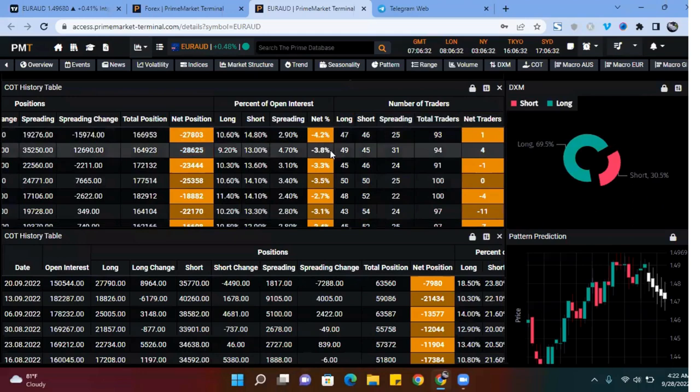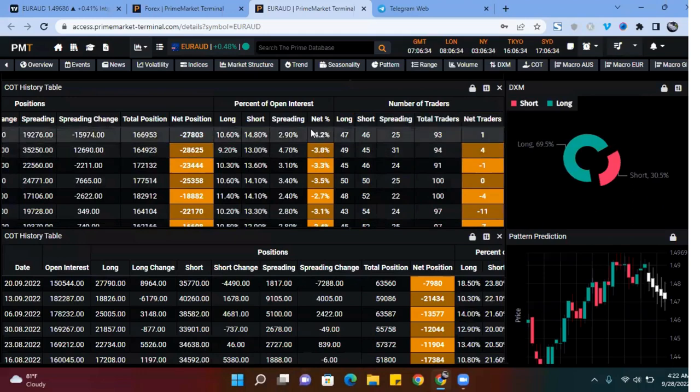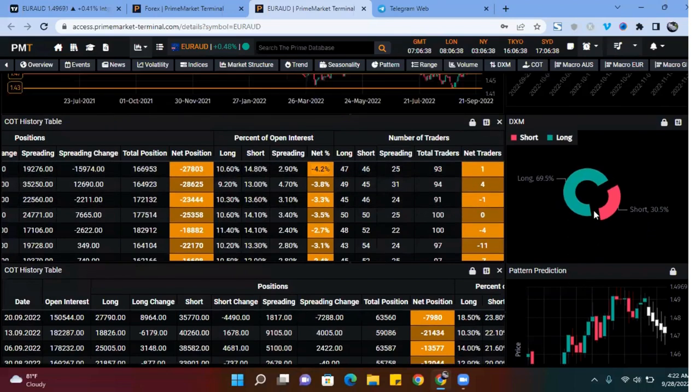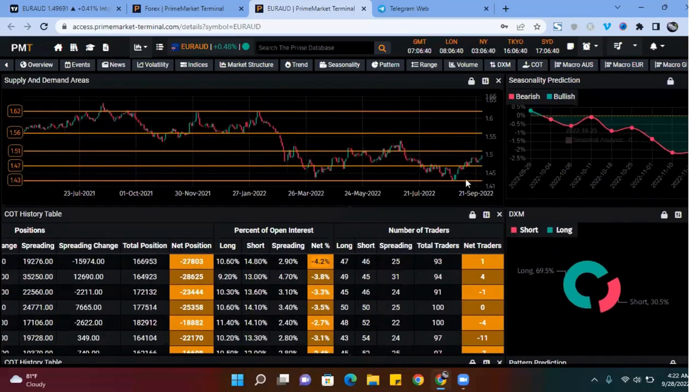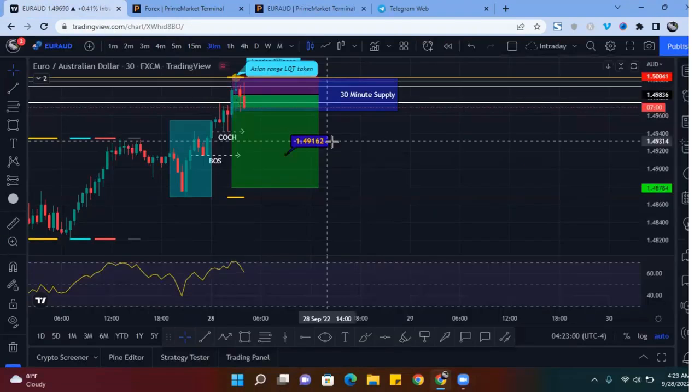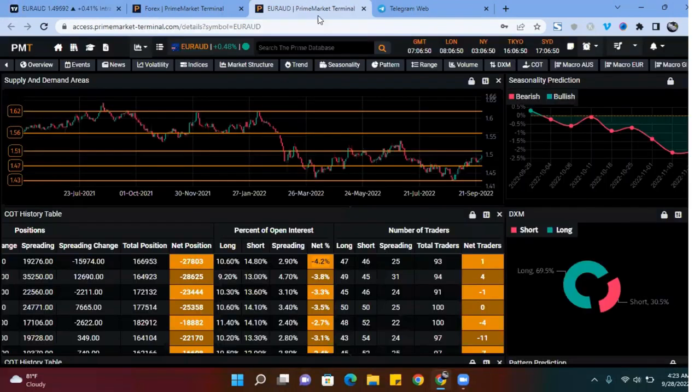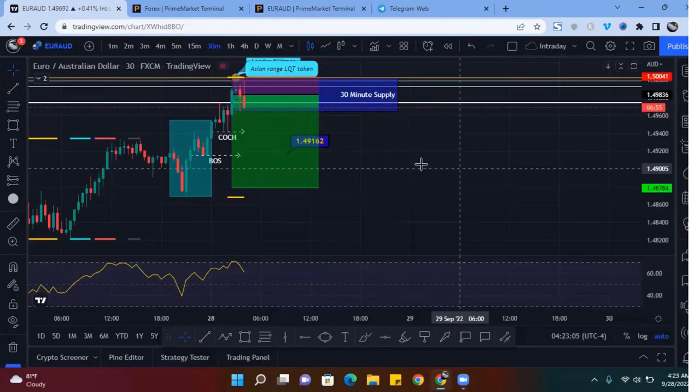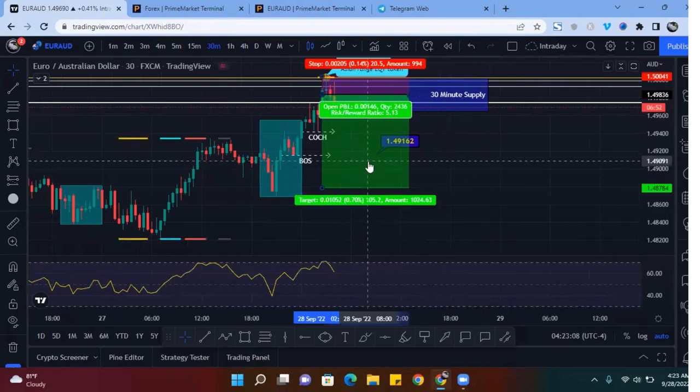They've added more bearish lots to their position. It's negative 0.4, and currently the supply and demand levels on the Prime Market Terminal show a rejection of essentially 1.5 for the high. And if you look here, 1.49162 is going to be the high. So those are my confluences for this trade for a 5% gain.